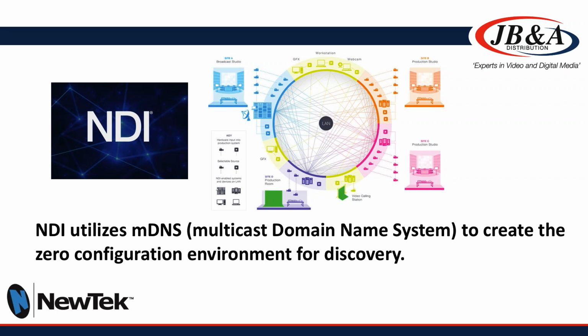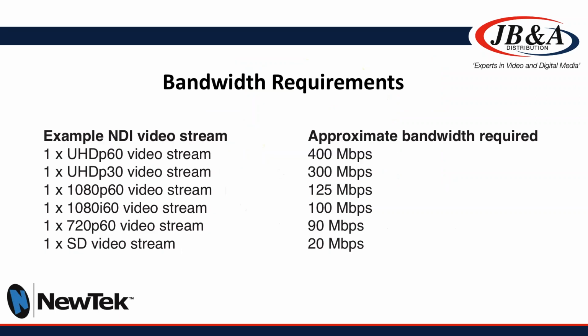So we are dealing with gigabit Ethernet. And the next question is, what are our bandwidth requirements? And it's not as much as what you'd expect. I think the common production resolution that we're working with right now is 1080i or 1080p. And at 125 megabits per second, you can get a lot of streams of video going through that single gigabit Ethernet cable.